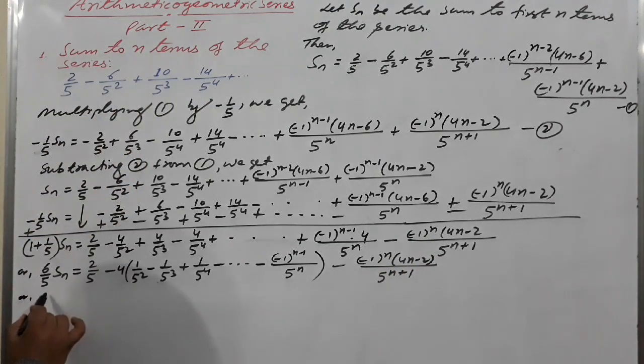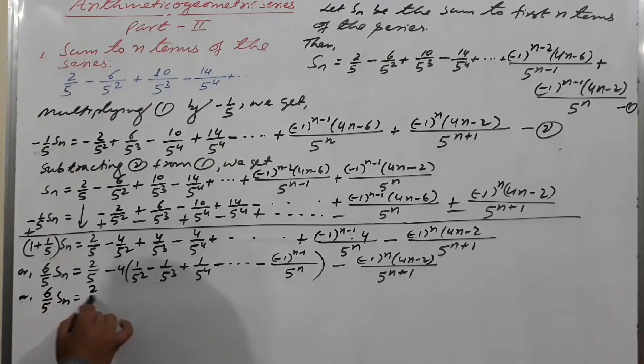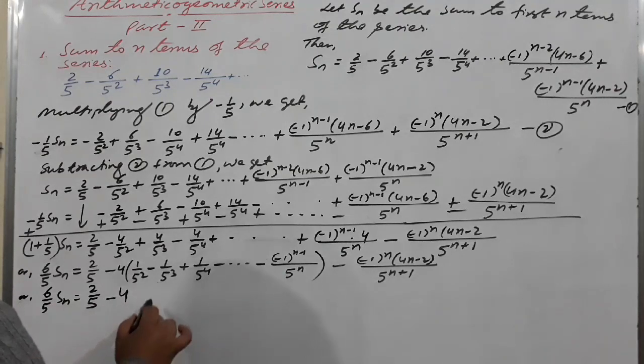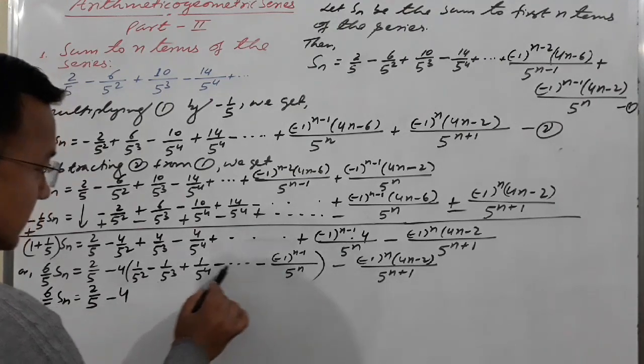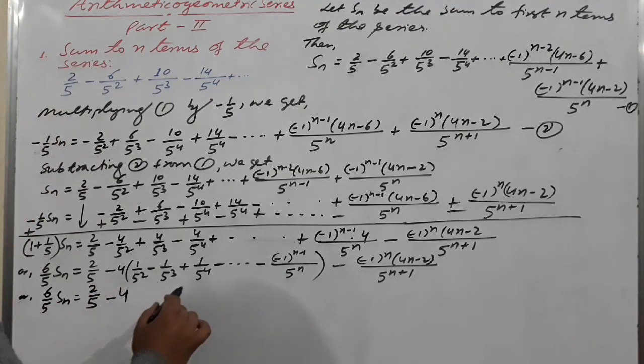6 over 5 times Sn is equal to 2 upon 5 minus 4. Here you have to take the sum to n terms in GP.